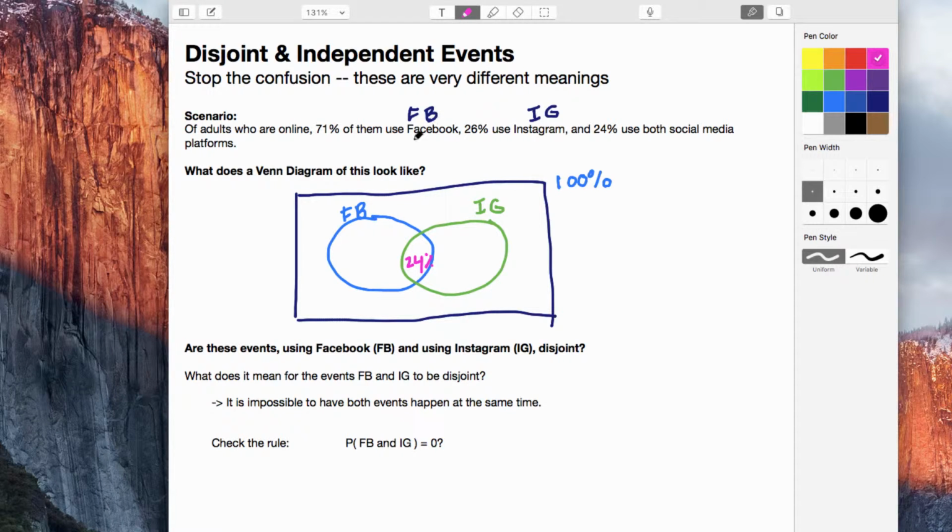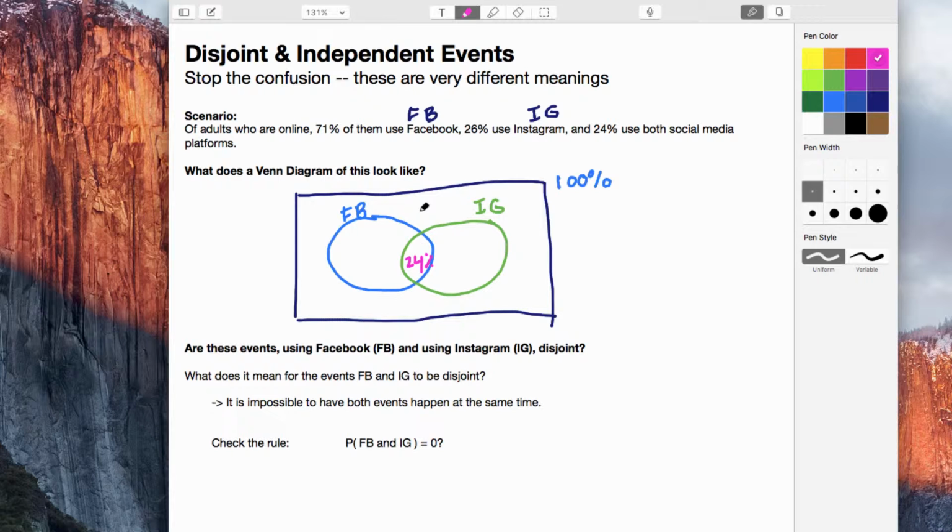They'd raise their hand. 71% of them are raising their hand. You ask the same group of people, how many of you use Instagram? 26% of them raise their hand. But then there's the people who use both of them, and they were double counted. Some people use Facebook, some people also use Instagram, and there's our overlap.